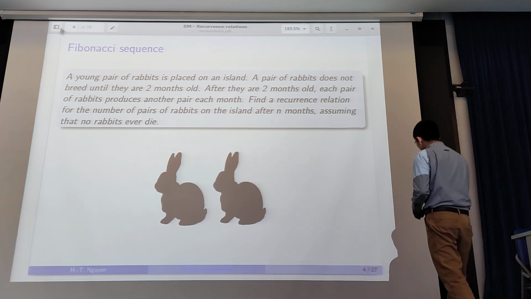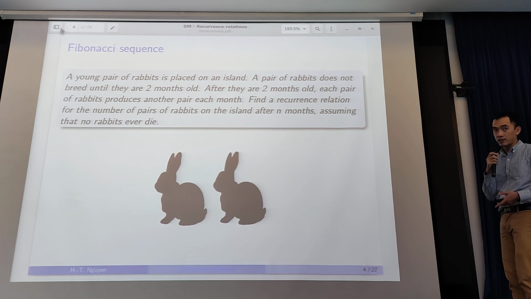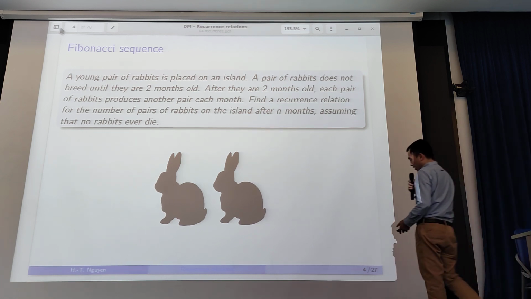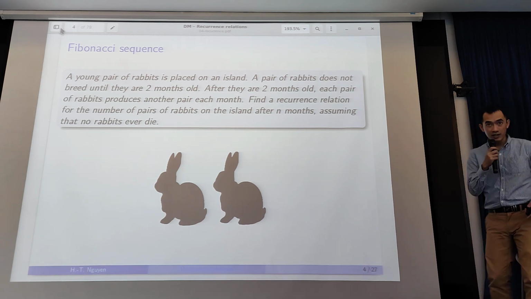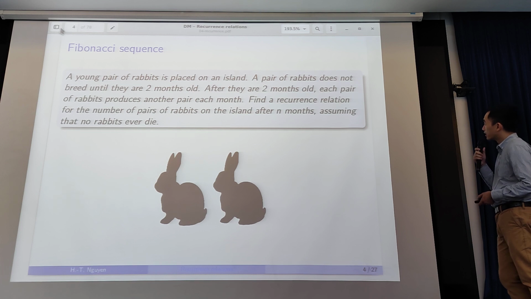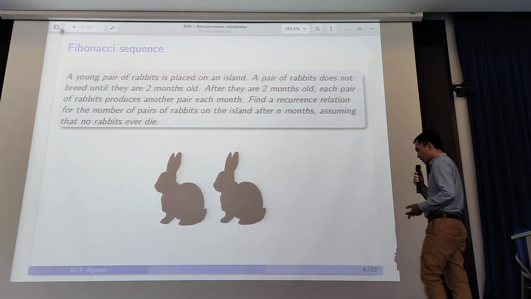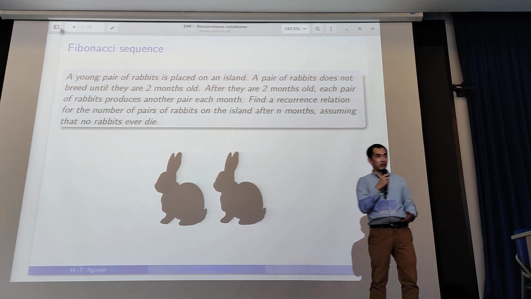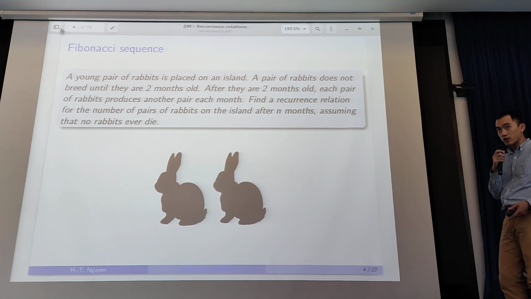Assume that you put a pair of rabbits on an island on which there were no rabbits at all. We suppose that rabbits are animals which reproduce very fast, and that from 2 months old, they are capable of giving birth to new rabbits.